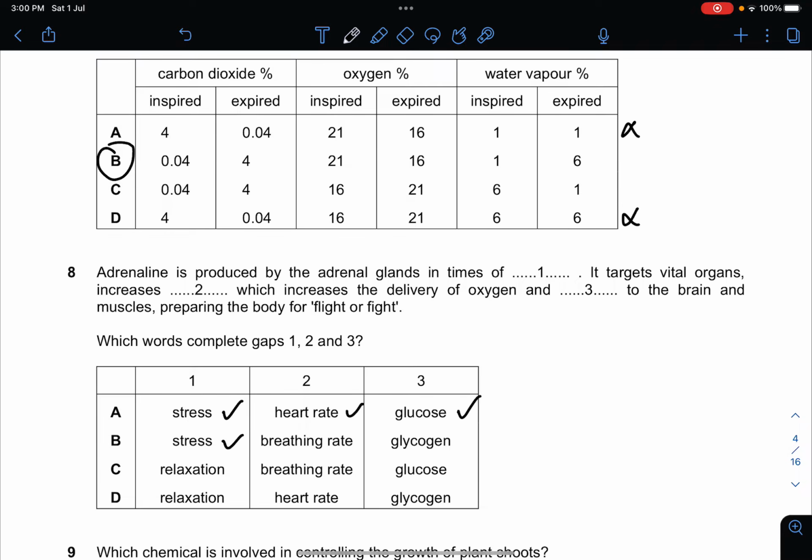They need glucose. Why do they need glucose? Because they need aerobic respiration. Breathing rate also can, but glycogen is not. Glycogen is already stored glucose, and it only comes out when there is a lower blood glucose concentration. So the answer is A.